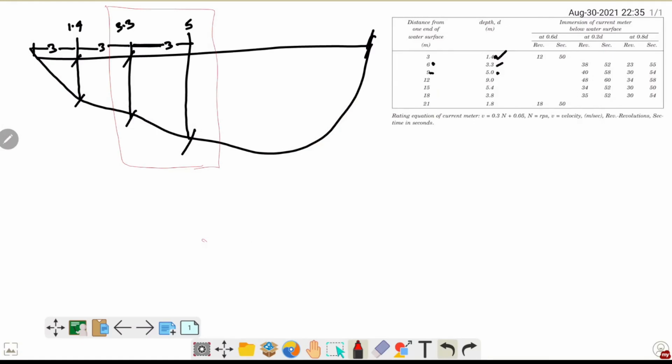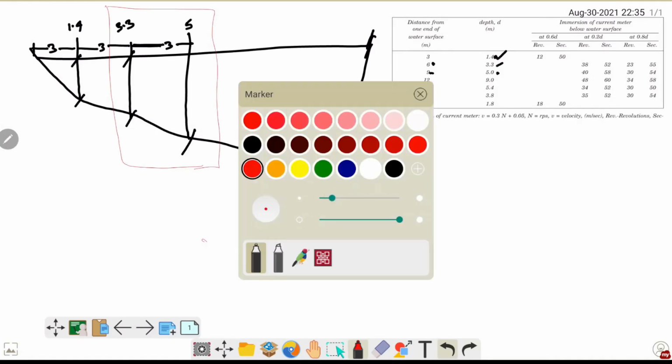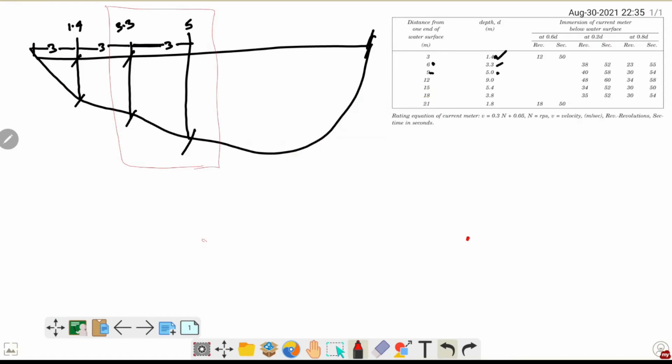Let me increase the width. Here, let's do it by the mean section method. Number 1 is mean section. In mean section, the velocity at 6 meters is available at 2 points, at 0.2d and 0.8d.